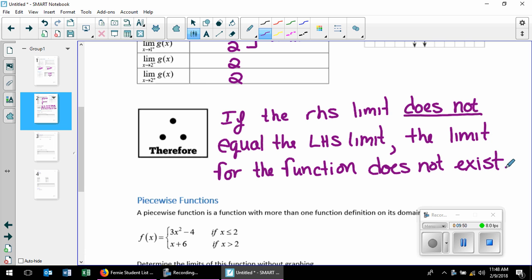Talk about that. If they don't equal the same thing, the limit for the function doesn't exist.